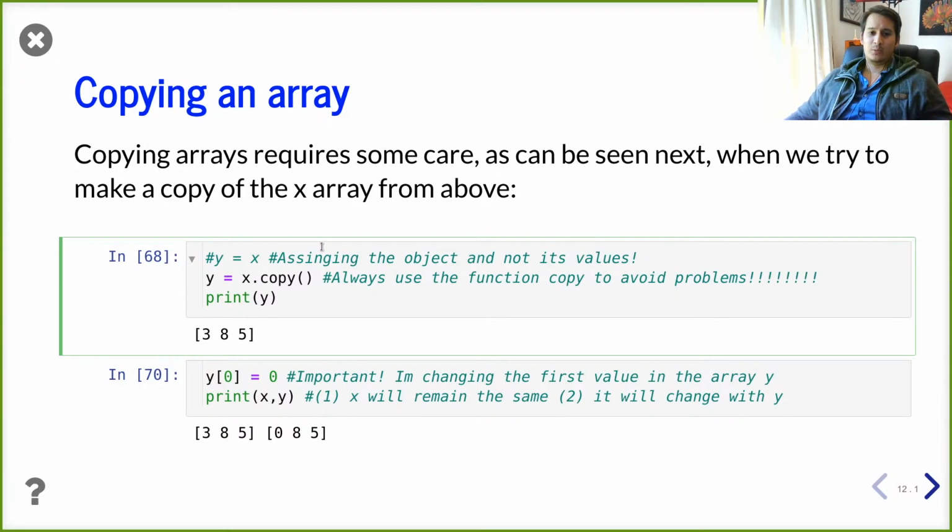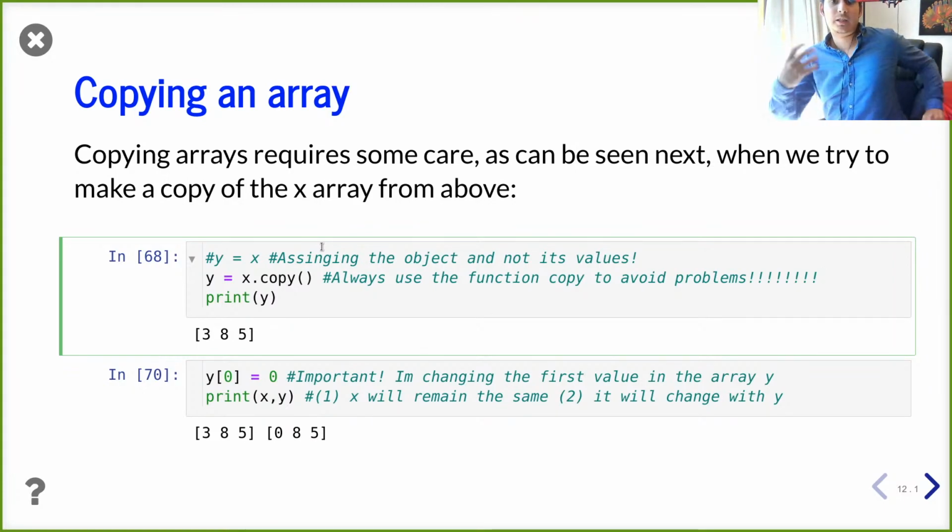This actually happened to me once. I was coding a very complicated function, doing finite elements and some algorithm that required a lot of lines of code, and by changing just another variable, my main variable was changing, and I didn't know why.